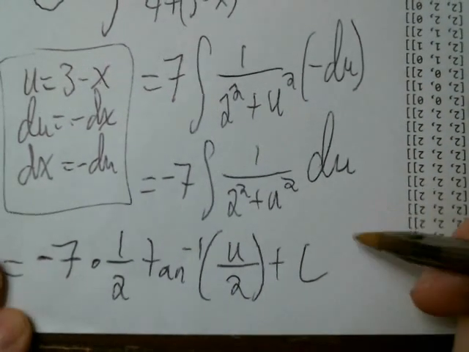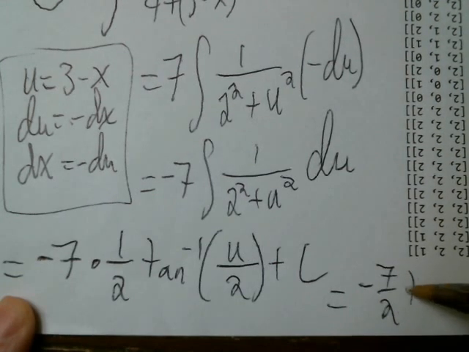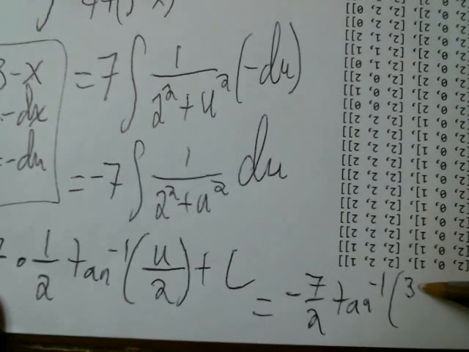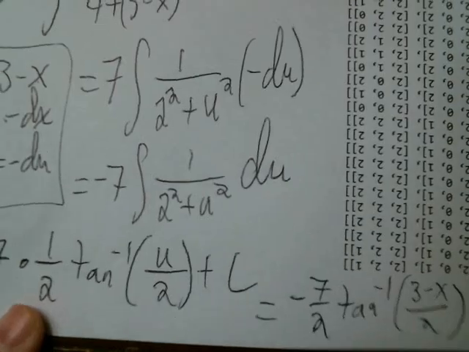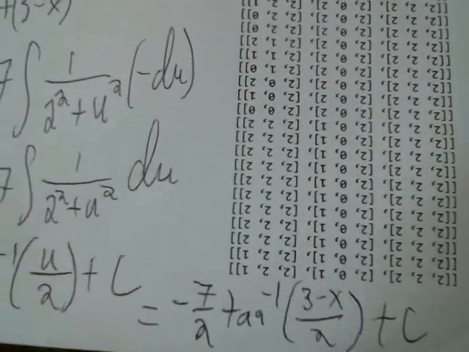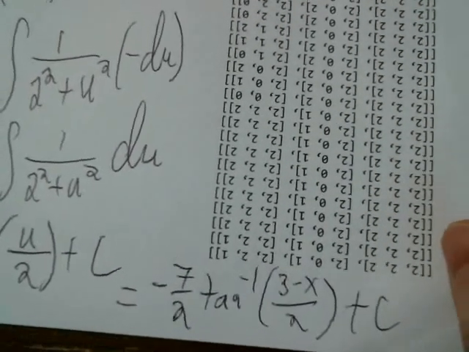And then finally back substitute. So I'm getting negative 7/2 tan inverse of u, which is 3 minus x all over 2, and then plus my integration constant. Okay. Okie dokie. So that would be the answer on that guy.